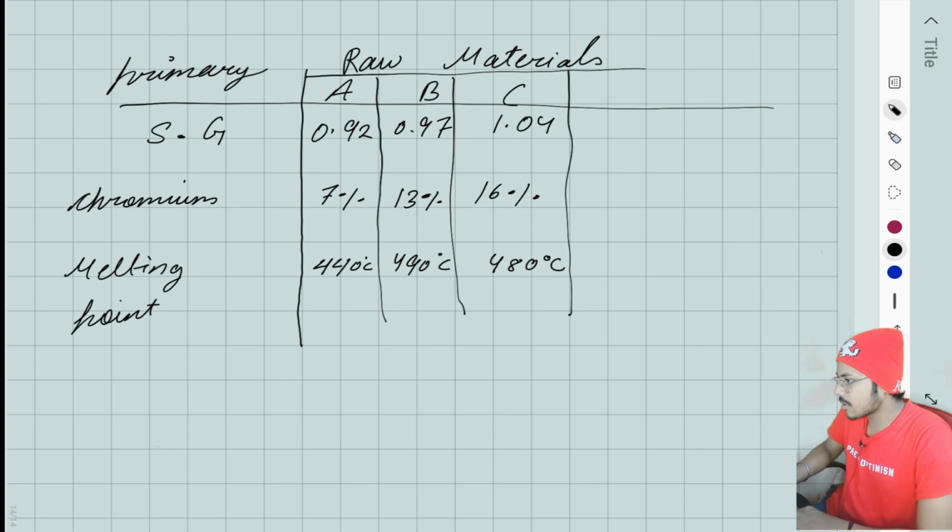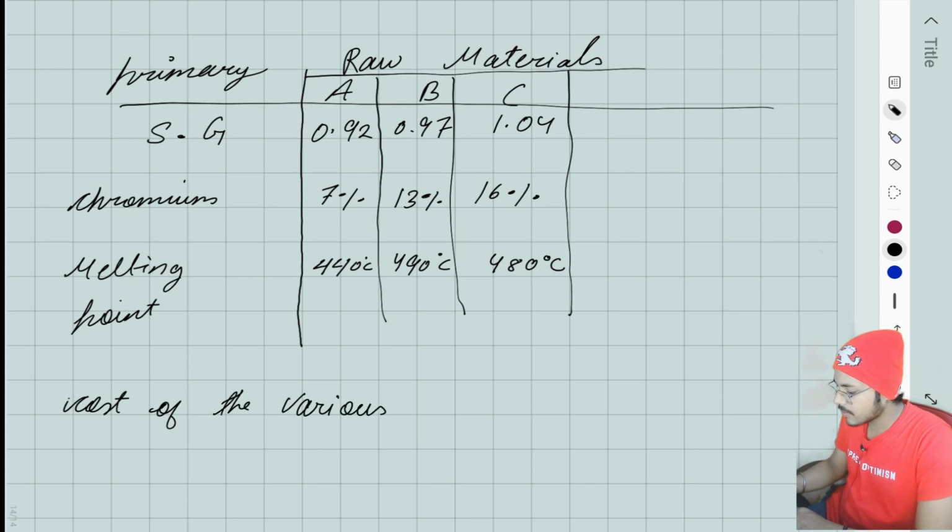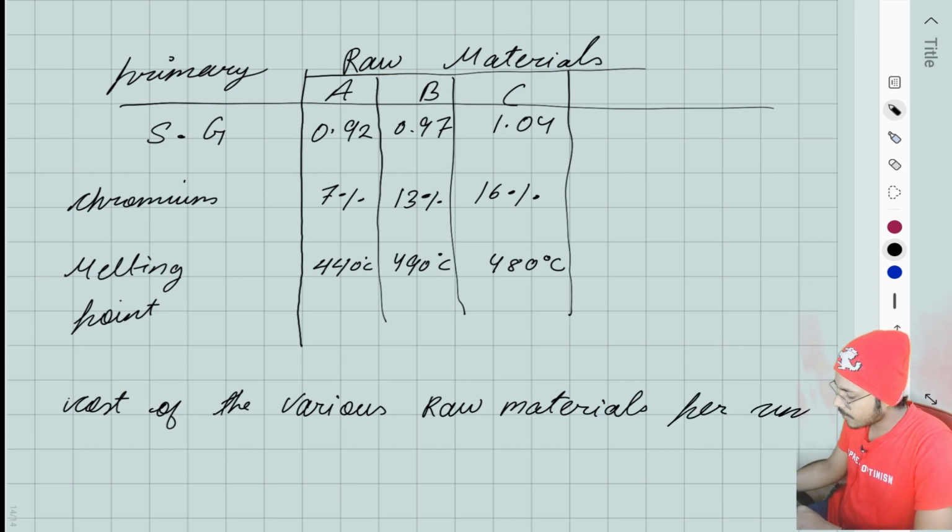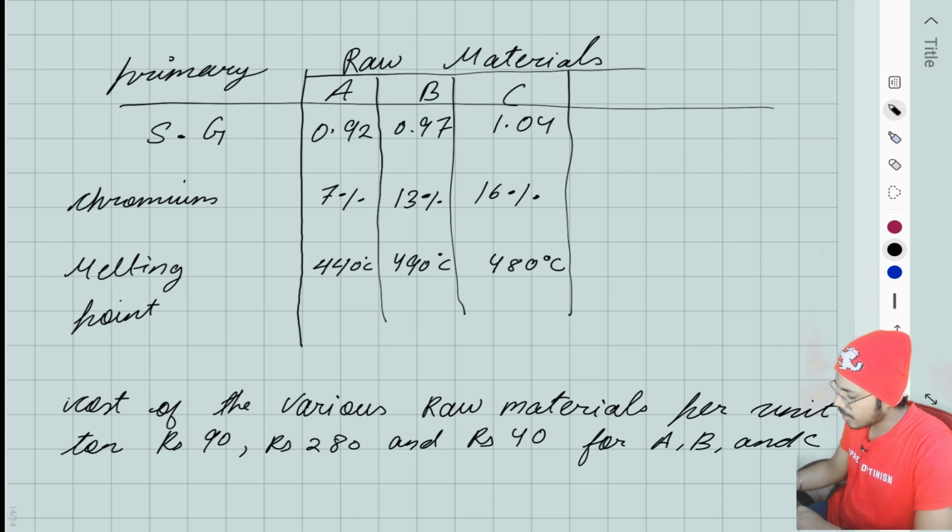And the cost of the various raw materials per unit ton is rupees 90, rupees 280, and rupees 40 for A, B and C respectively.